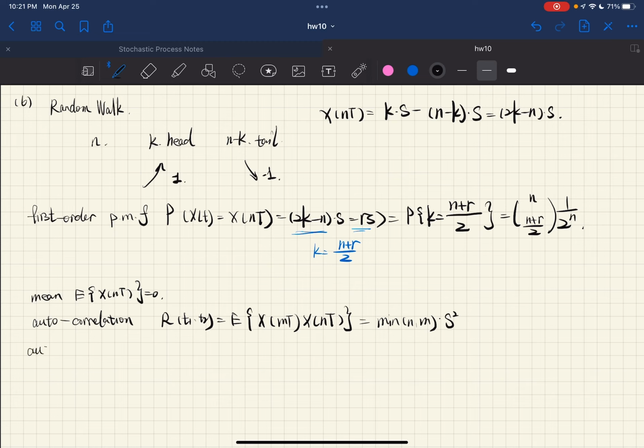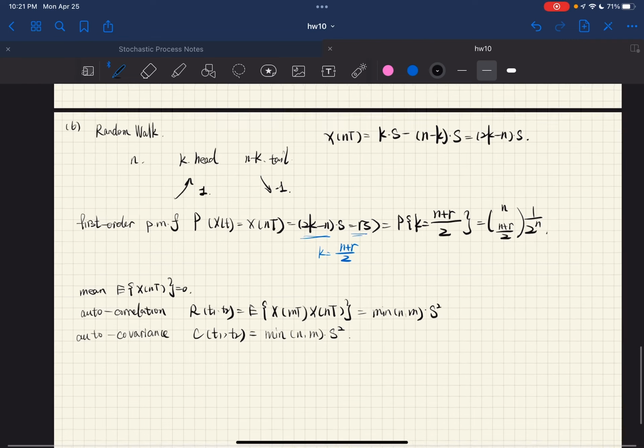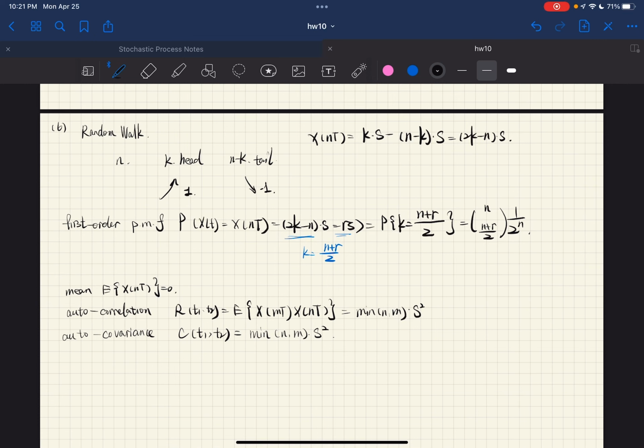And the autocovariance C(t1, t2) equals the autocorrelation, because the mean value of the random walk is 0. So the autocovariance is also equal to the minimum value of n and m times s to the power of 2. So this is for the random walk.